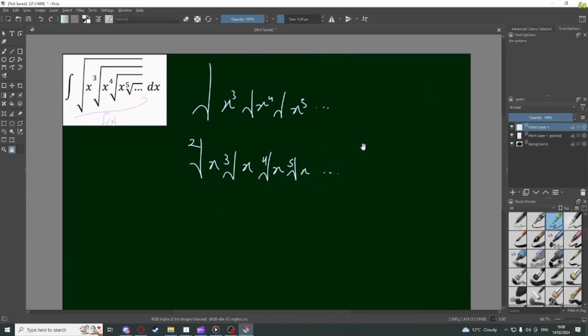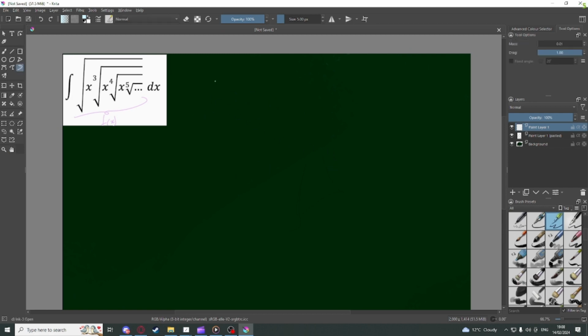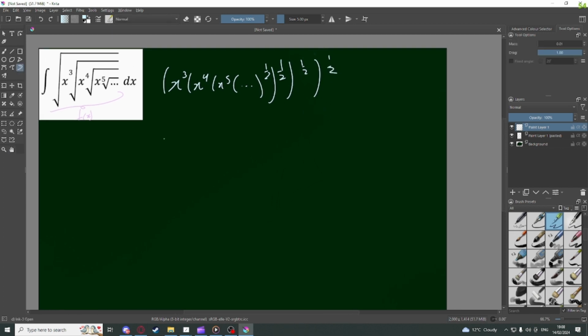And how that changes things is that my function or my integrand is no longer x cubed, x to the 4, x to the power 5 dot dot dot. It's no longer this. It's x to the 1 over 5, I think, 1 over 4, 1 over 3, and then 1 over 2.